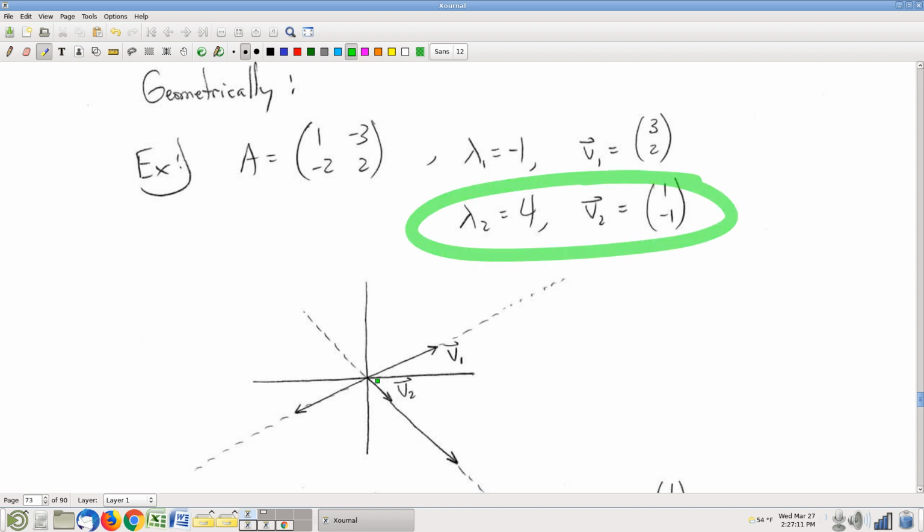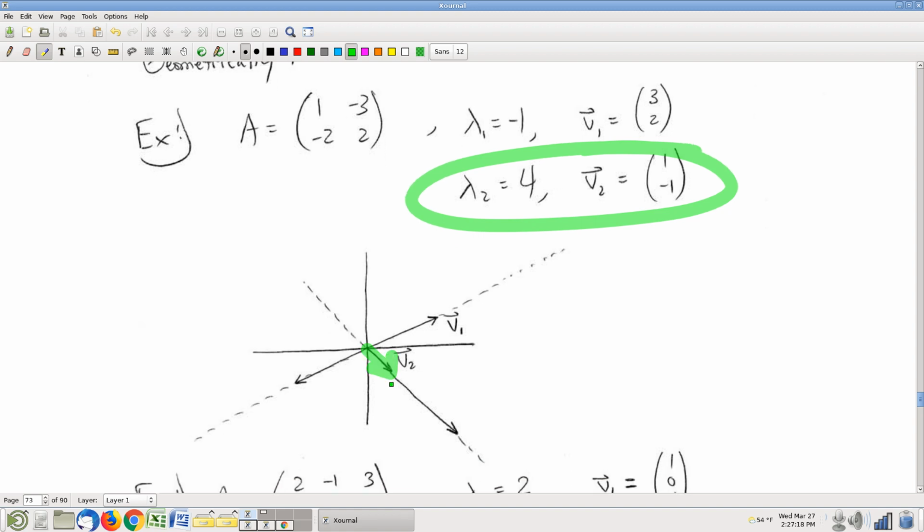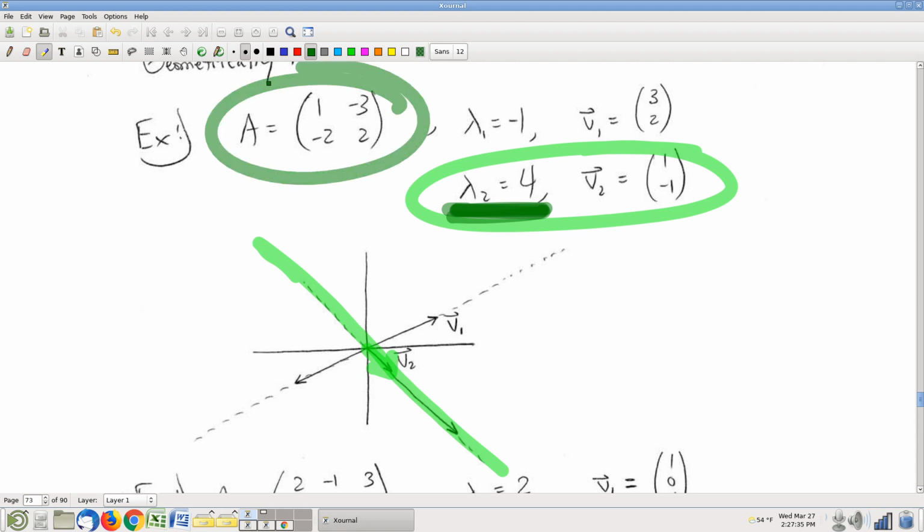That vector (1, -1) is an eigenvector. By the way, don't forget, not only that vector, but every multiple of that vector. All eigenvectors with the same eigenvalue. And the eigenvalue is 4. So what we mean by this eigenvalue being 4 is that the action of this matrix on that vector is to multiply it by 4.